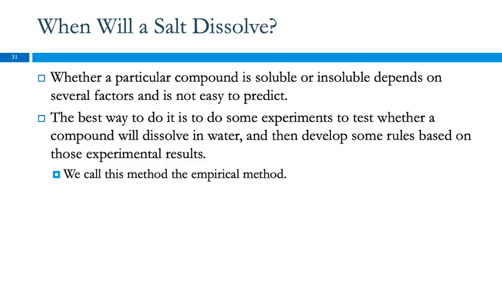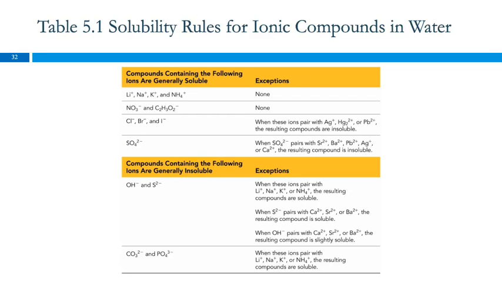We observe that every single compound we've tried that has the nitrate ion in it dissolves in water. And then we might find that things with carbonate in them, almost all of them do not dissolve in water, but then there are a couple of exceptions. This is an empirical method where people have tried these things and put the results together, and we get something like this.